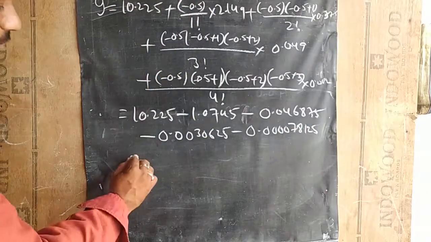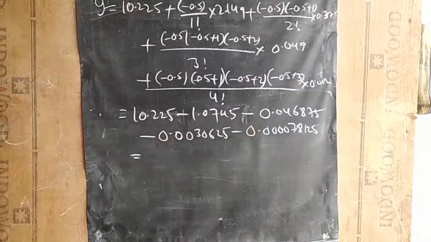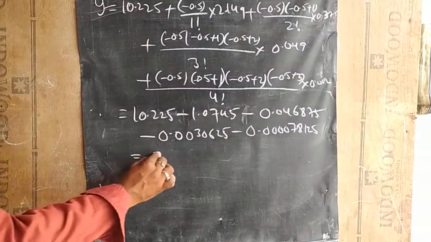So these are the overall values. Now if we do the subtraction from all these, what is the final answer we are going to get here?